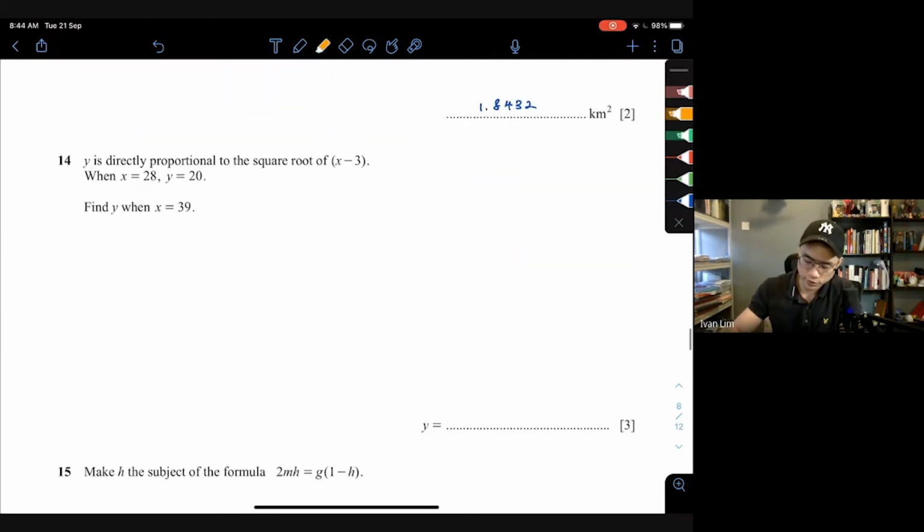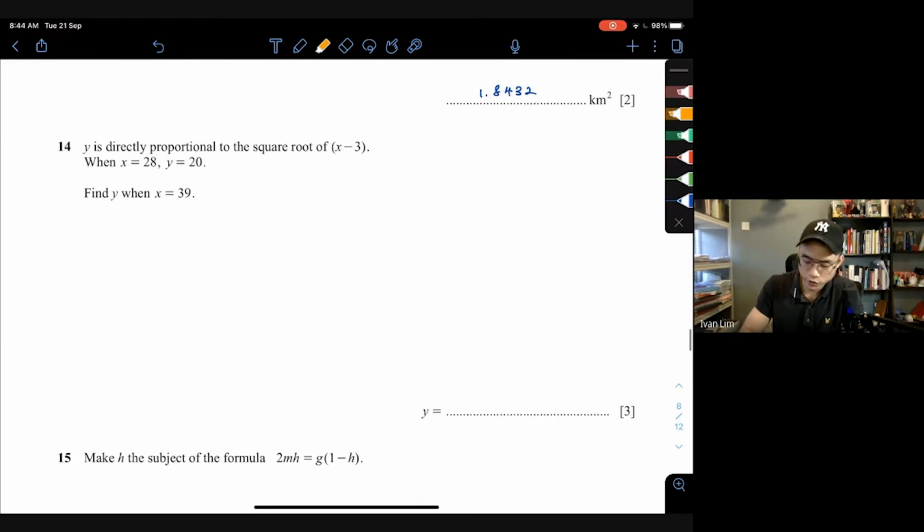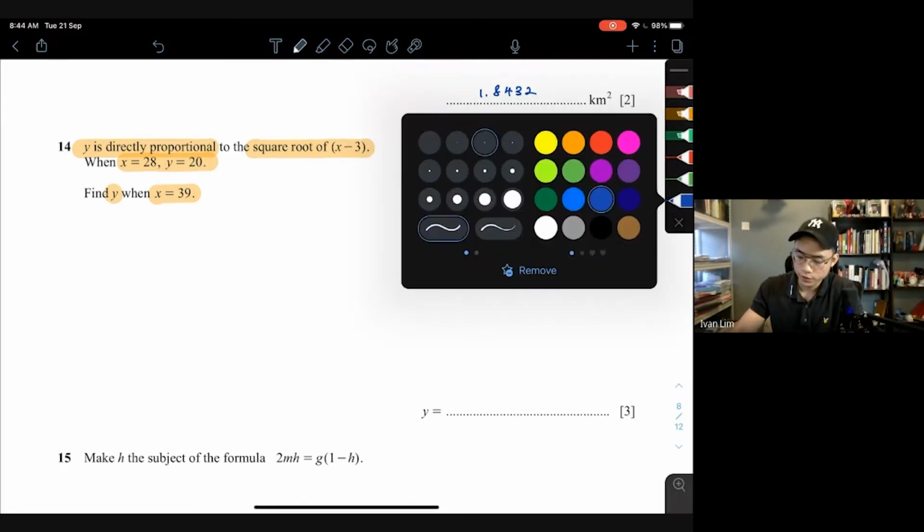Question 14. Y is directly proportional to the square root of x minus 3. When x equals 28, y equals 20. Find y when x equals 39.